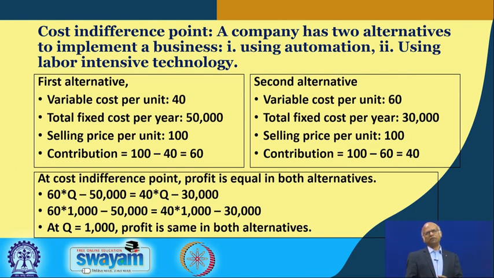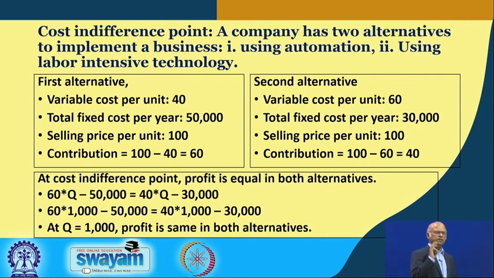So, here is an example about these two in a comparative study. The first alternative has variable cost per unit of 40, whereas on this side variable cost per unit is 60. Total fixed cost is 50,000 and 30,000. Selling price per unit remains the same, because it is the same thing that you are selling.